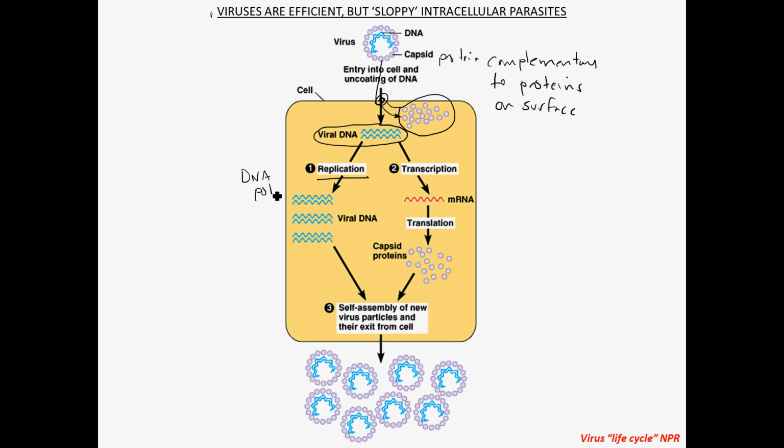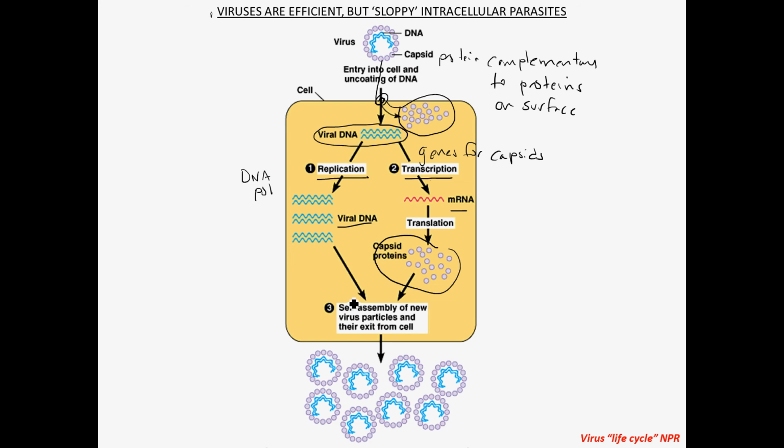The host cell DNA polymerase here makes several copies of that viral DNA. The DNA is also then expressed. The genes on this viral DNA are the genes for more capsid proteins, and so the host cell is going to transcribe to this mRNA and then translate and get more of these capsid proteins.